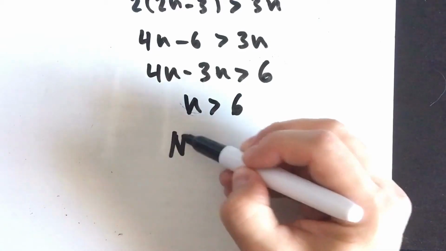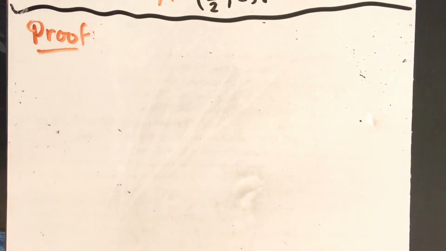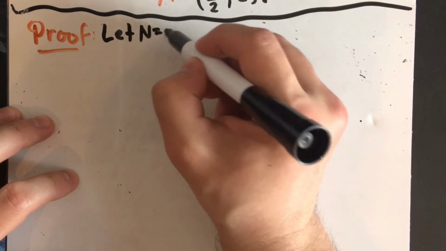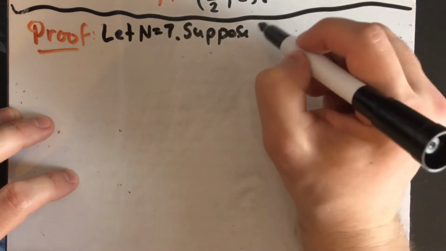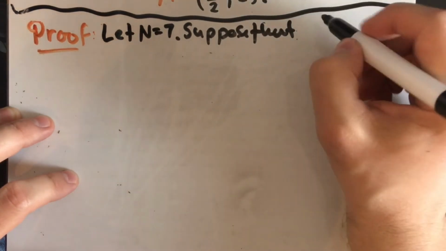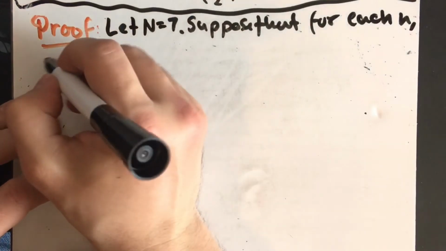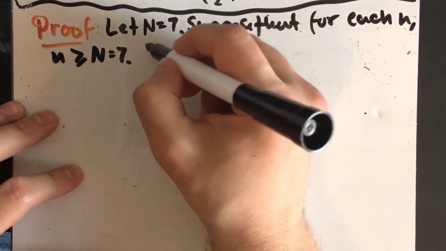So here we'll write capital N is equal to 7. We can open the proof by first stating the natural number capital N that we just found. So let capital N equal 7, and suppose that for each little n, we get that little n is greater than or equal to capital N, which we just said was 7.